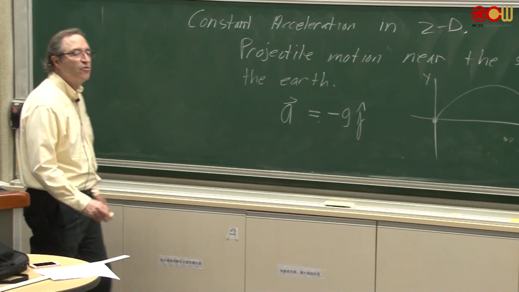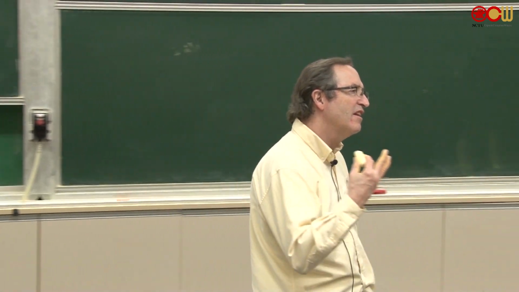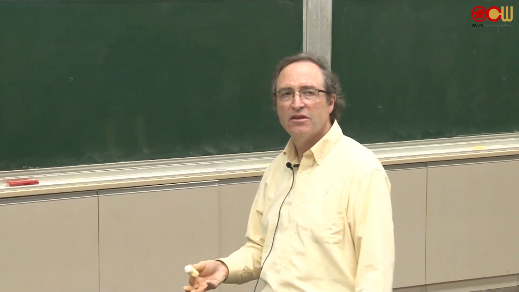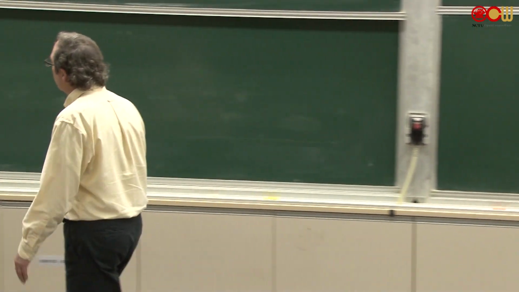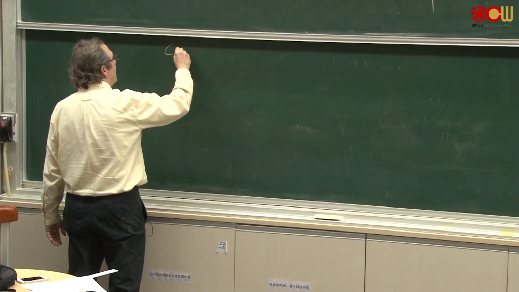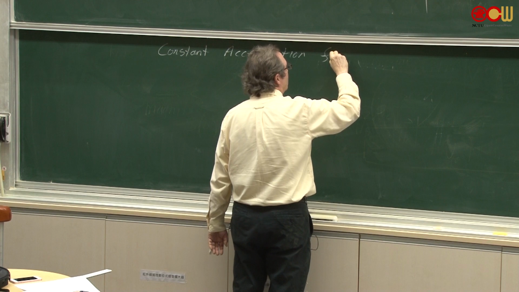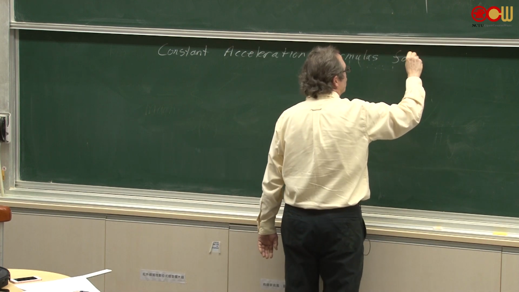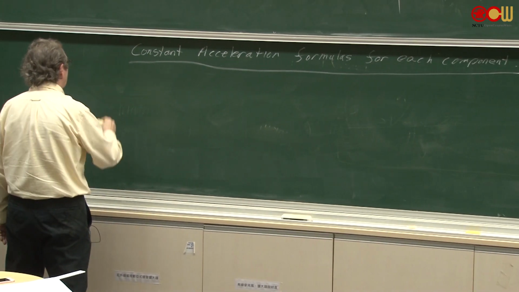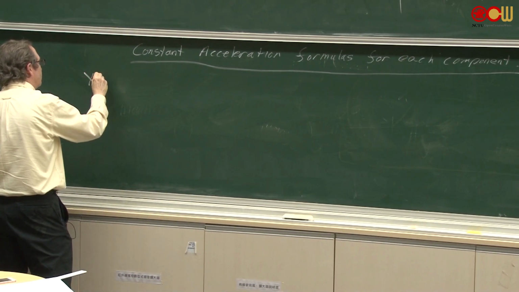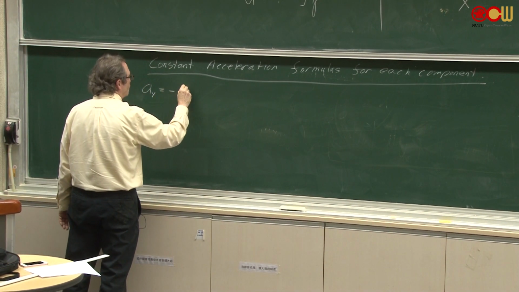So how do we use that with constant acceleration? Well, we just write down the constant acceleration formulas for each component. All right? So that's very easy. So let's write that down. All right? So in the y direction, we have a sub y is equal to minus g.